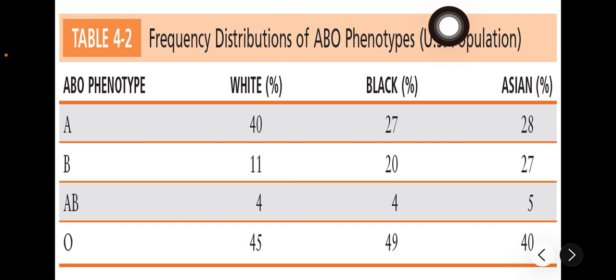For the Asian population, this group has a more evenly distributed frequency of Group A at 28% and Group B at 27%. Group O accounts for 40%, and Group AB is more frequent in this population at 5% than in other US ethnic groups.